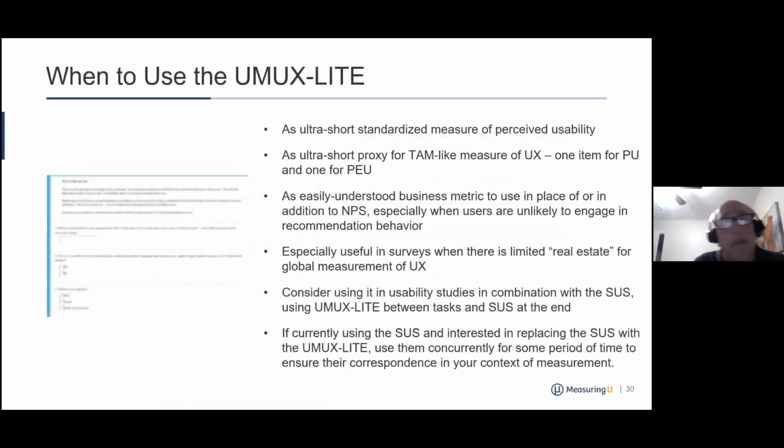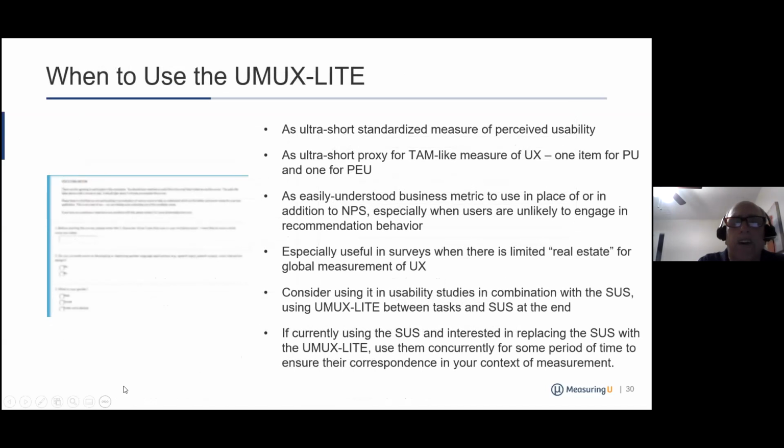So when we talk about using the UMUX-LITE as an ultra-short standardized measure of perceived usability, you can also take advantage of it being a TAM-like measure, with one item related to perceived usefulness and the other related to perceived ease of use.